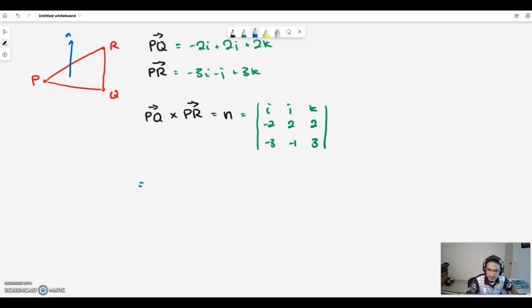And it will be equal to i times the determinant of negative 1, 1, plus 1, 2, 2, negative 1, 3, then j, negative 1, 1, plus 2, negative 2, 2, negative 3, 3.